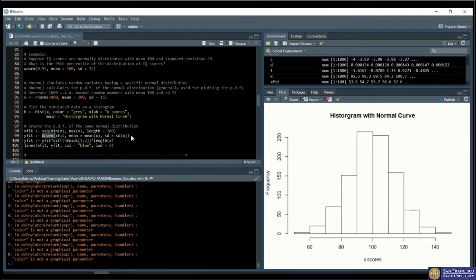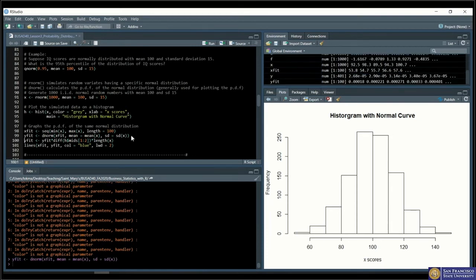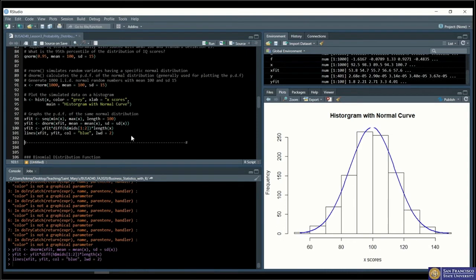I'm going to run the last two lines here to plot this in a line graph. And you can see how I can plot this very nice little curve. This is the density value at every single score that I define on the x-axis.